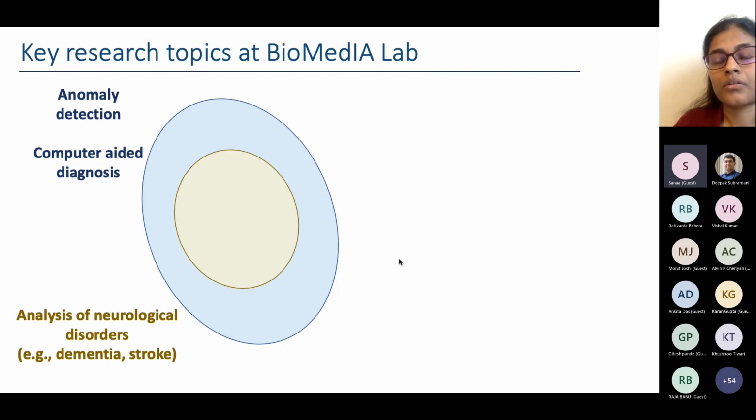So we will be focusing on brain MR images and other modalities to detect the early signs of dementia, for example, the small vessel disease signs. Like for example microbleeds, small blood leakages in the brain, or small ischemic regions, and also the ones related to stroke.